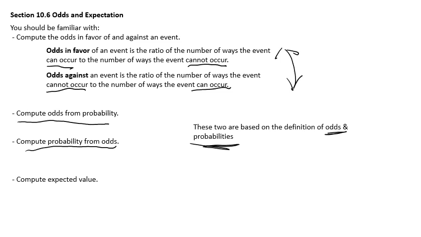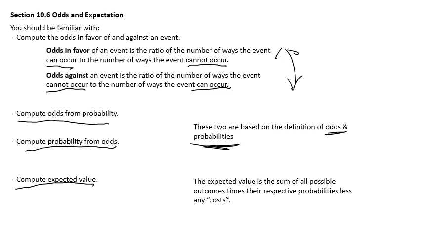All right. You should be able or have an idea of what expected value is. The expected value of an experiment is the sum of all possible outcomes multiplied to their respective probabilities less any cost involved.